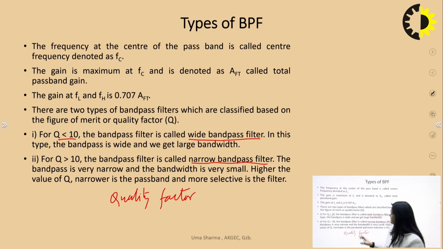And whenever selectivity is very high, like 20, 100, 200, that means a highly selective filter, and high selectivity represents that bandwidth is low. So whenever the quality factor is greater than 10, the filter is known as a narrow band pass filter.